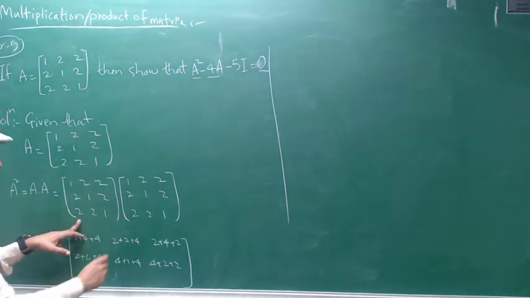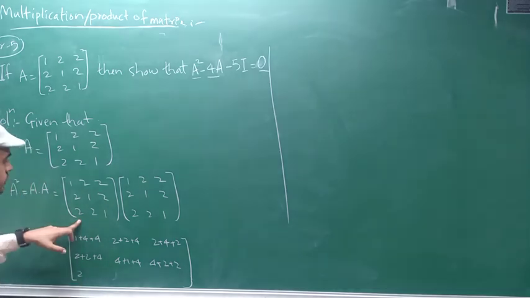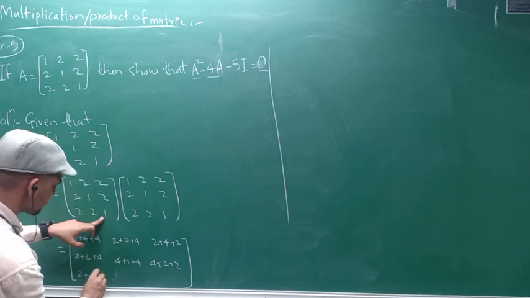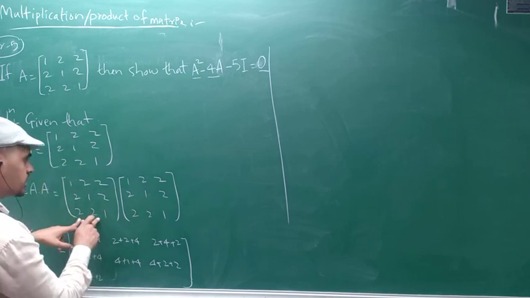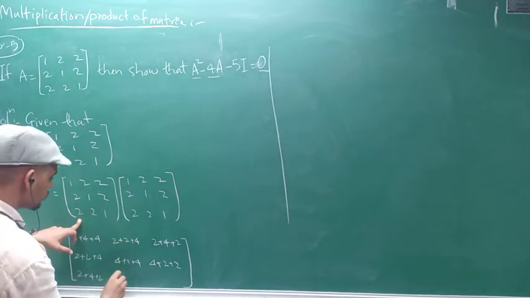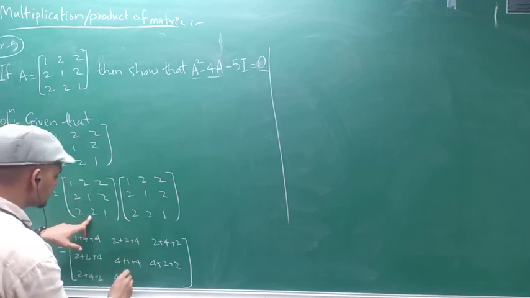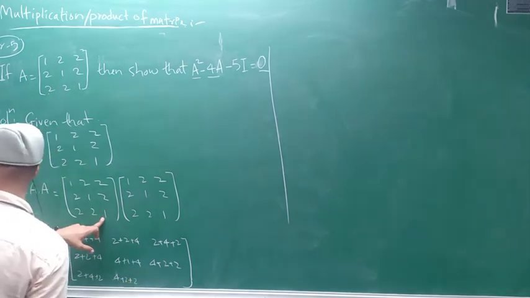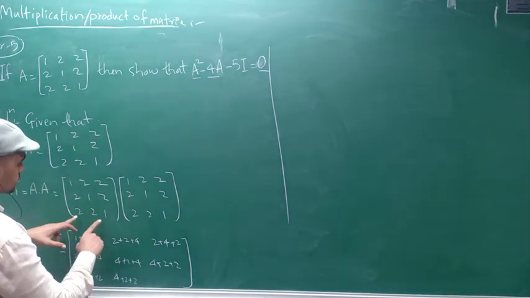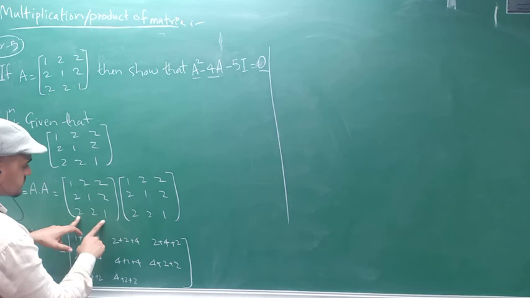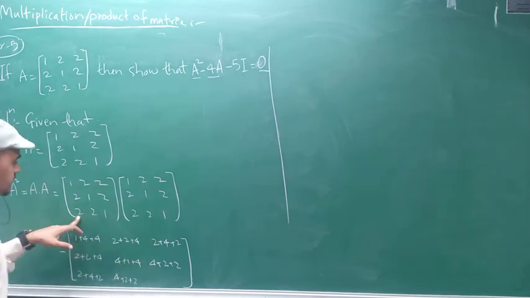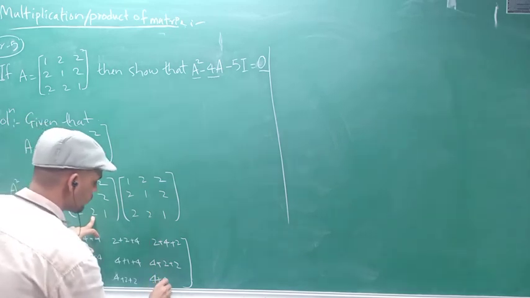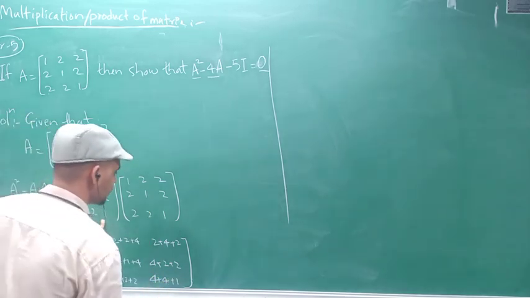Again third row, first column: 2 ones are 2, then 2 twos are 4, 1 two is 2. Then third row, second column: 2 twos are 4, 2 ones are 2, and 1 two is 2. And third row, third column, the last one: 4, 2 twos are 4, and 1 one is 1.